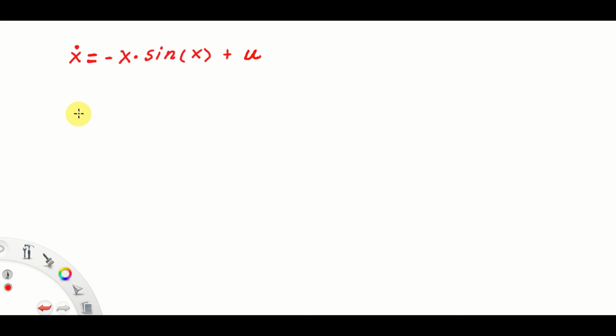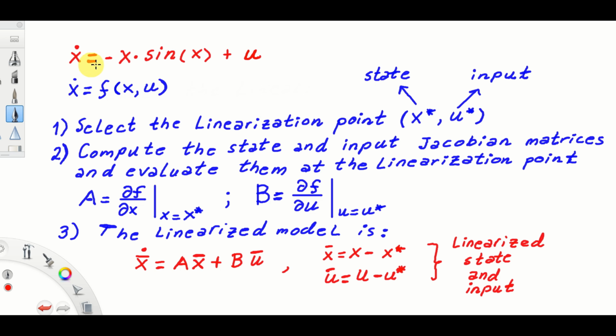First, let's explain what is linearization and how we linearize dynamical systems. This dynamics can be written in this general mathematical form. And then the linearization procedure is, number one, we need to select the linearization point. The linearization point consists of a properly chosen state and a properly chosen input around which we will linearize this nonlinear dynamics.